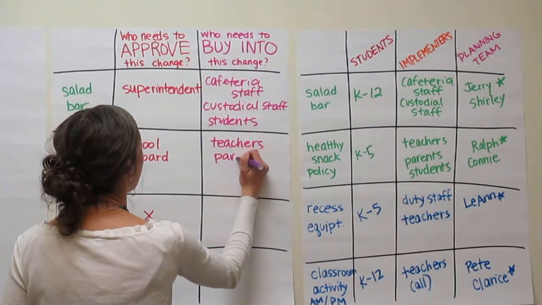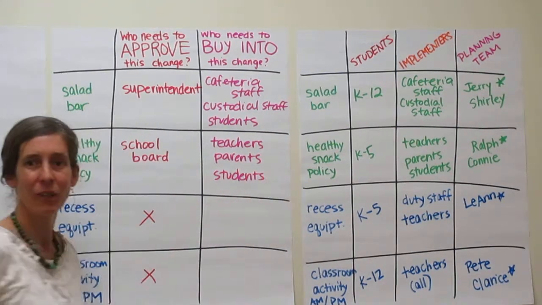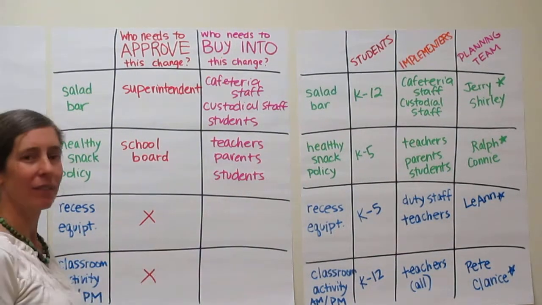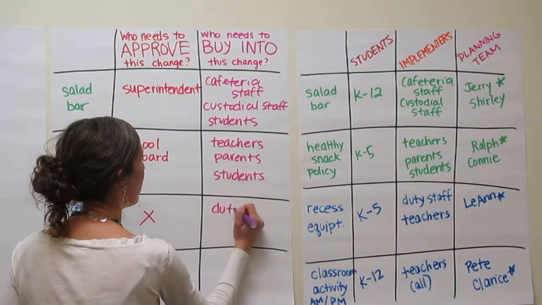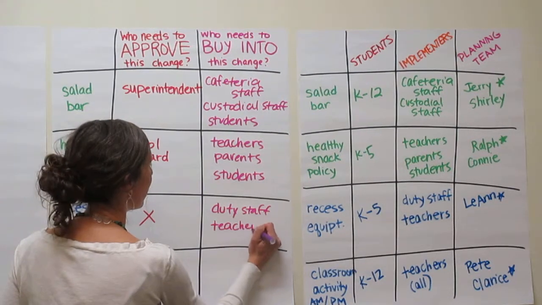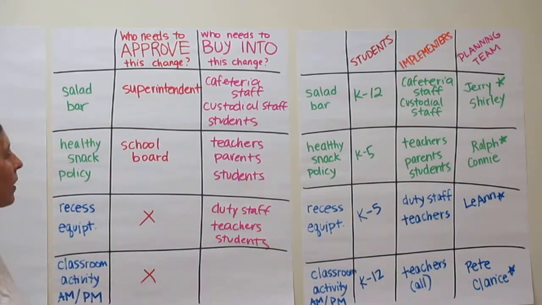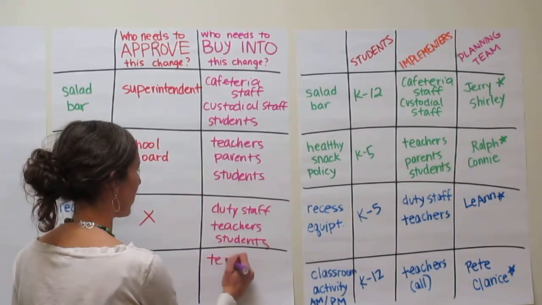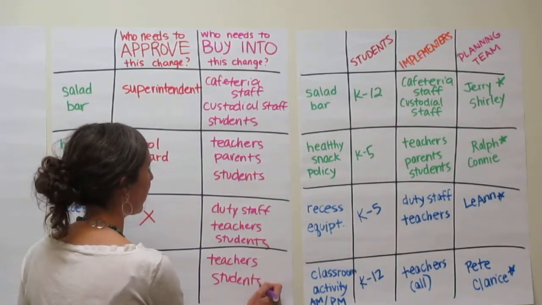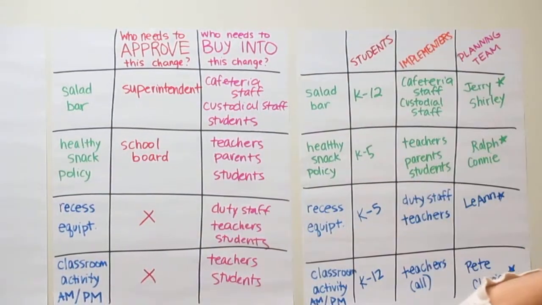Parents, and again the students. Students are going to be big all the way down because without their buy-in, the changes are just going to fall flat. Recess equipment: whoever's on duty, and teachers, and again the students. And the same thing for the classroom activities: the teachers and the students. Perfect. Now the question is, how do we get buy-in from these folks? And that's what we're going to talk about next.